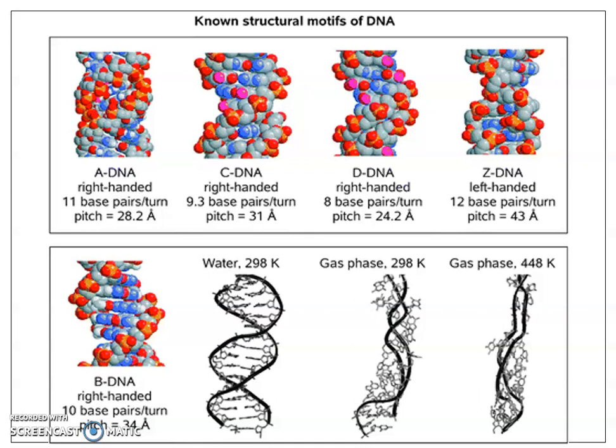The proteins cannot access the information content present in the major groove because it is very narrow. On the other hand, the minor groove is wide. It is shallow, but it is wide, and hence it is accessible to the proteins. The information content present in the minor groove is accessible to the proteins, but it is far lower than what is present in the major groove.